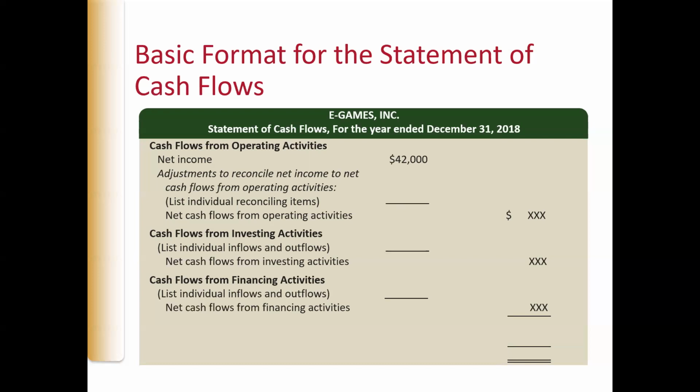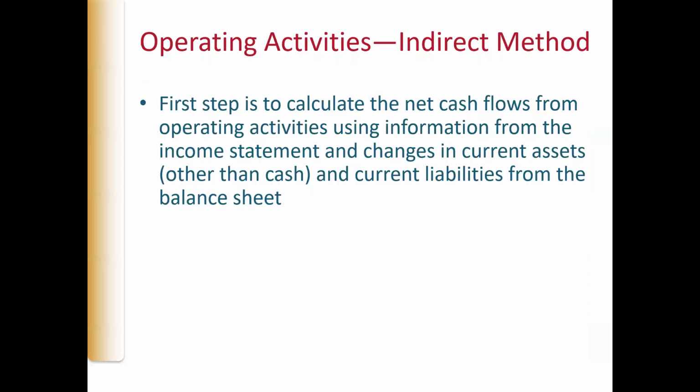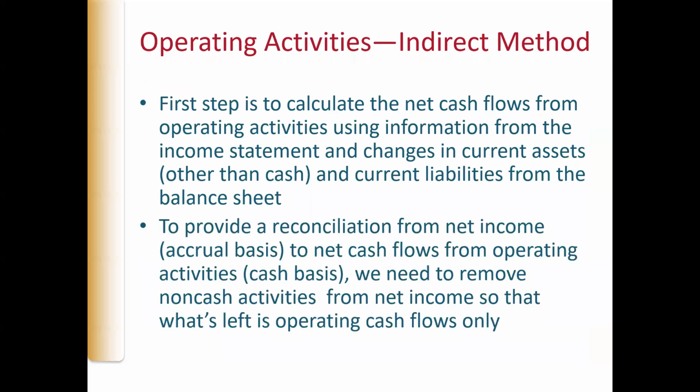Then we'll do the investing and financing. We will show the cash at the beginning of the period and adjust that with the net increase or decrease in cash for this period to come up with our cash at the end of the period. So we're going to show changes in current assets other than cash and our current liabilities from the balance sheet.